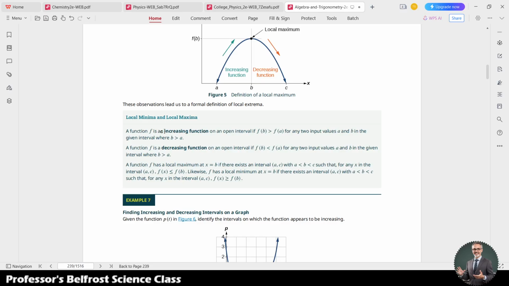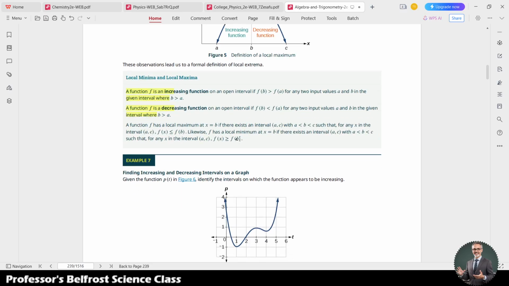A function f is an increasing function on an open interval if f(b) is greater than f(a) for any two input values a and b in the given interval where b is greater than a. A function f is a decreasing function on an open interval if f(b) is less than f(a) for any two input values a and b in the given interval where b is greater than a.